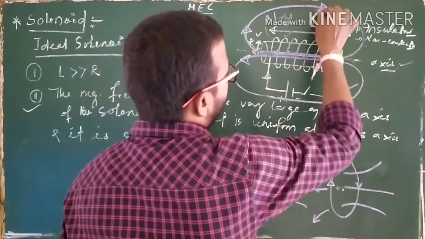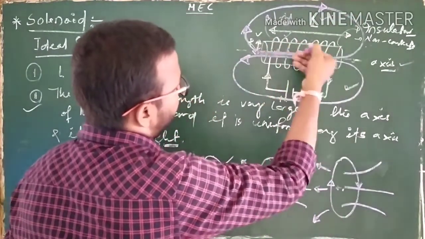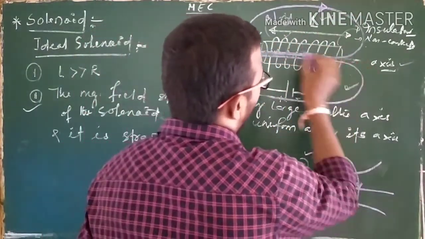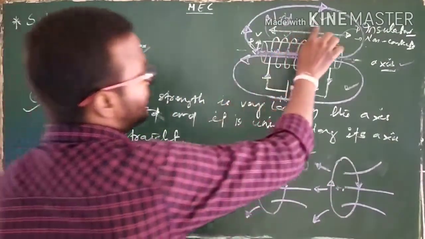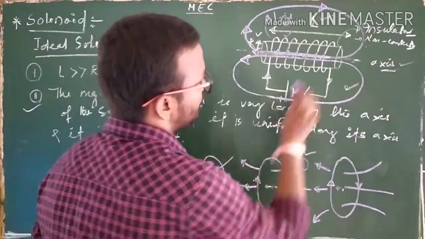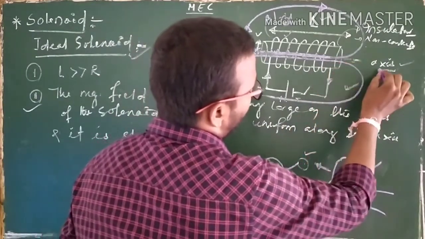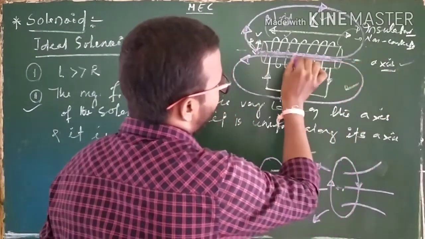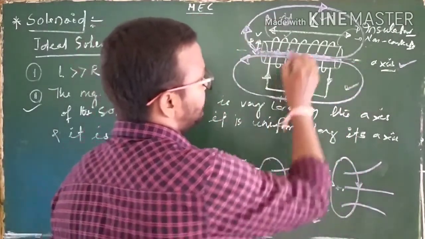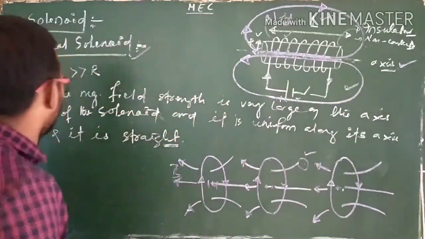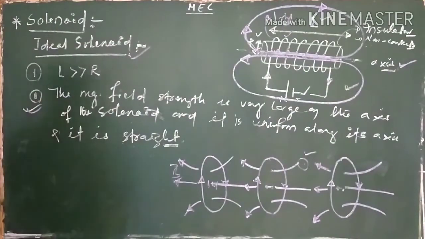Because this is the flow of current and this is the magnetic field lines. So for a long solenoid, for an ideal solenoid, meaning L is very large as compared to radius, inside the solenoid the direction of magnetic field is along the axis, a straight line, and this is very strong. So this is the meaning of this point.